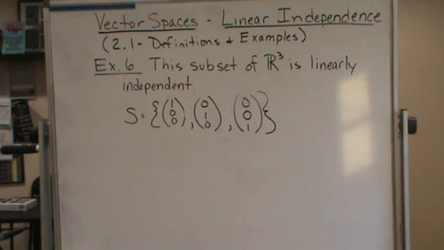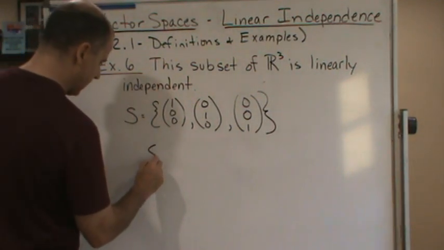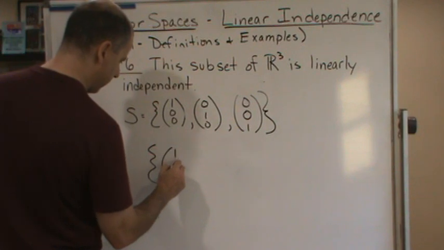Now, we can get a linearly dependent superset, right? So we can get a superset by just adding another vector.